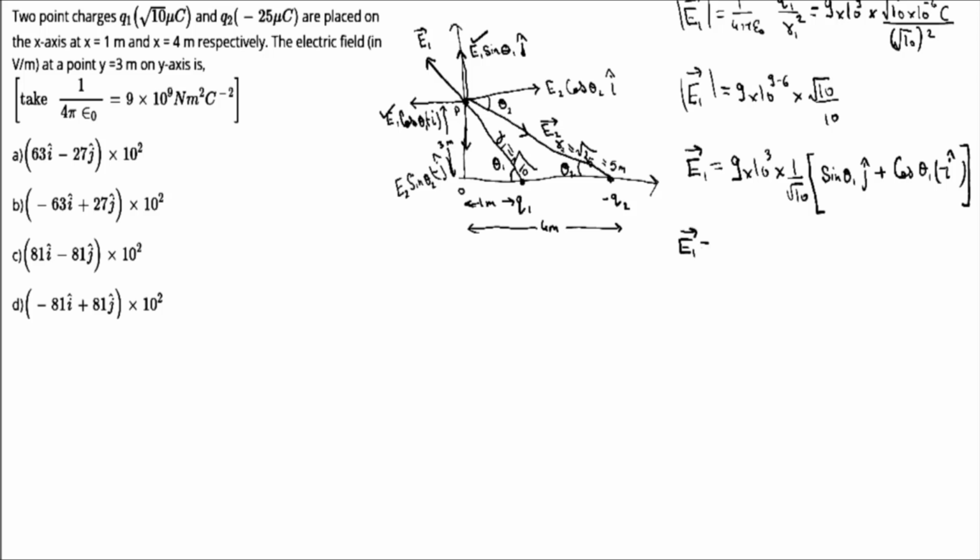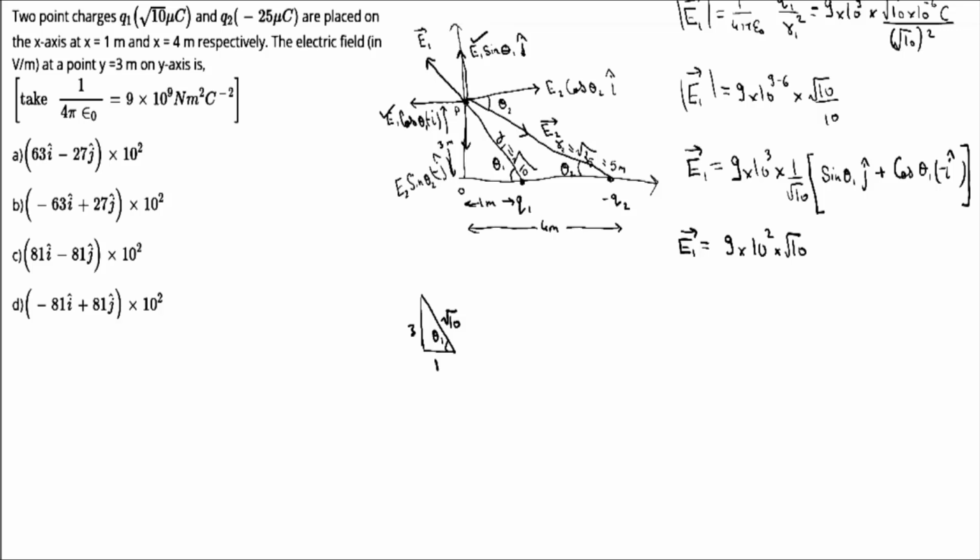So again we are writing E1 is equal to 9 into 10 to the power 2, and this 10 will be cancelled and we will get under root 10 here. The value inside, in place of sine theta 1 and cos theta 1, we have 3, this is under root 10, and this is 1.